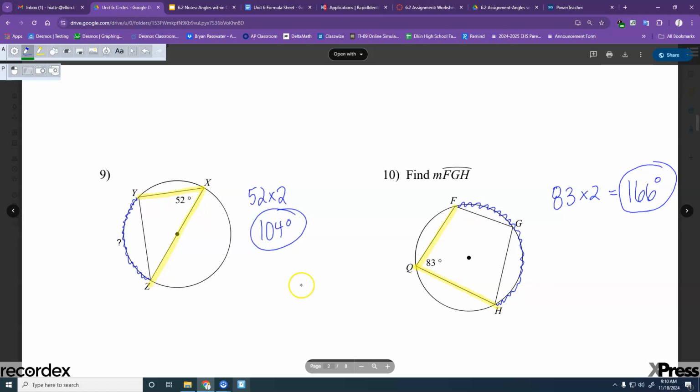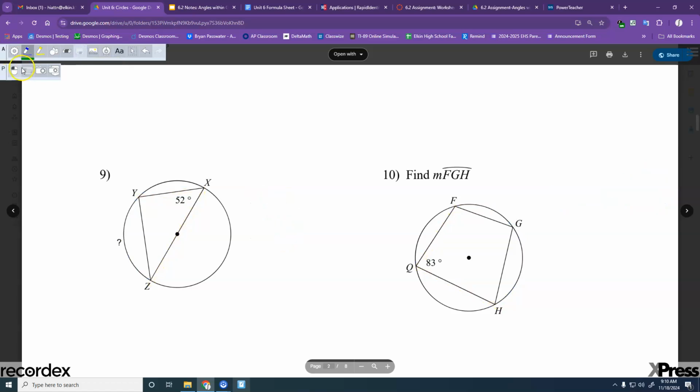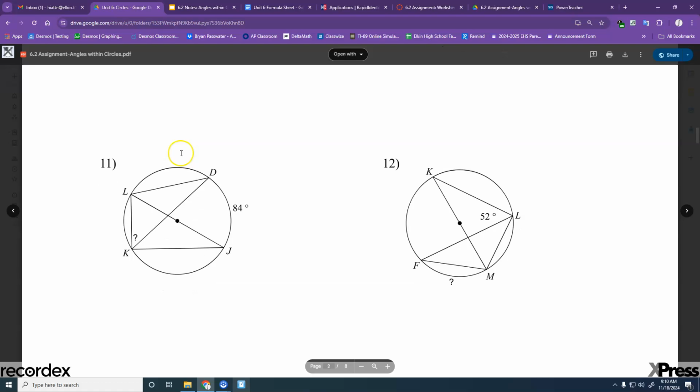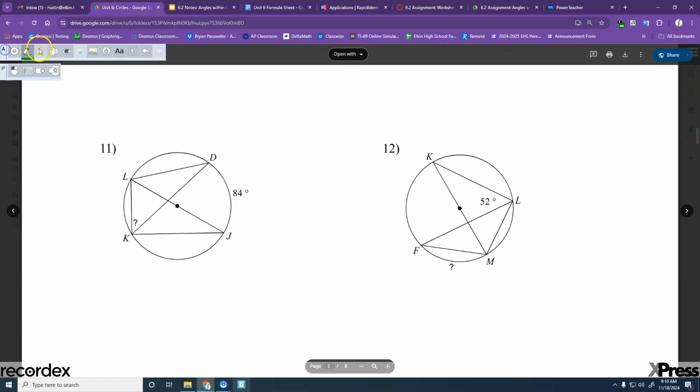Let's look at 11. Whether you got to it or not, I think 11's good to look at because 11 starts to get a little tougher here. And this is where, like, highlighting can really come in handy. If I'm looking at this arc right here, it is 84. If I highlight from end point to the other end point, to see where that angle crosses, that would give me this angle.